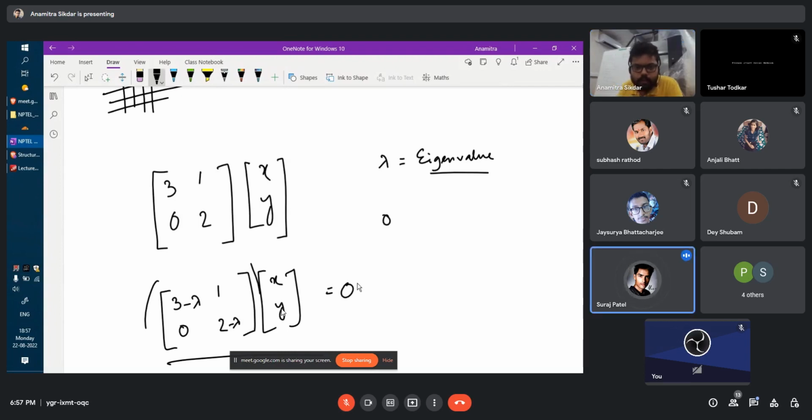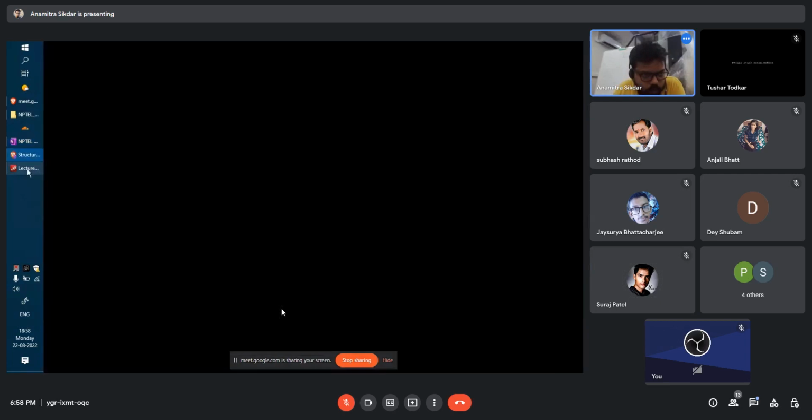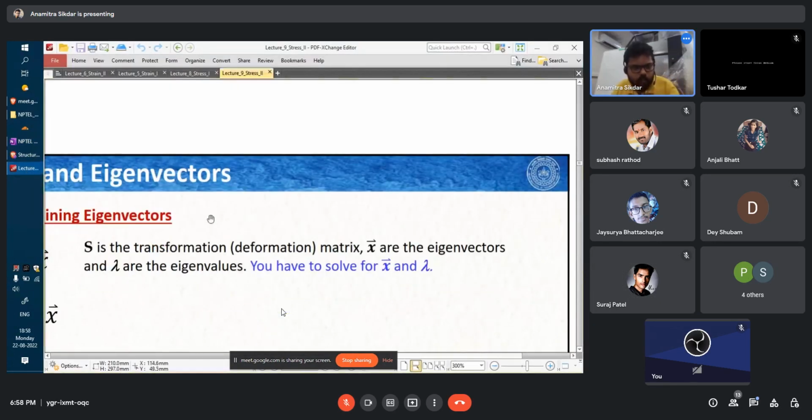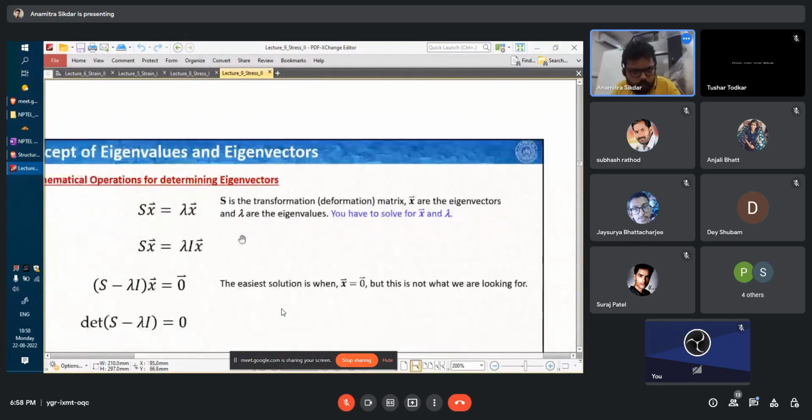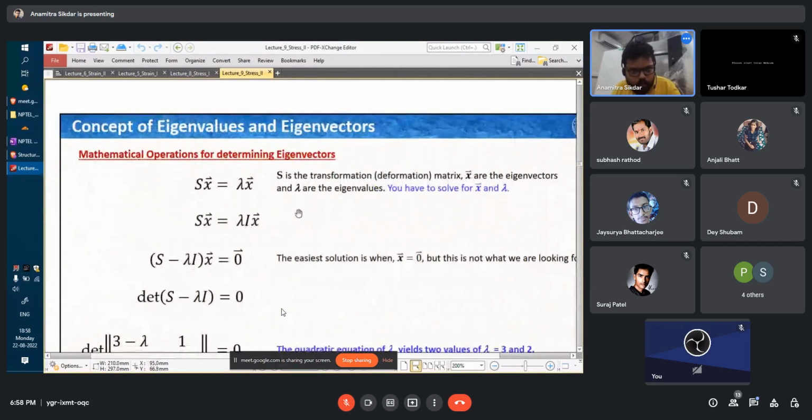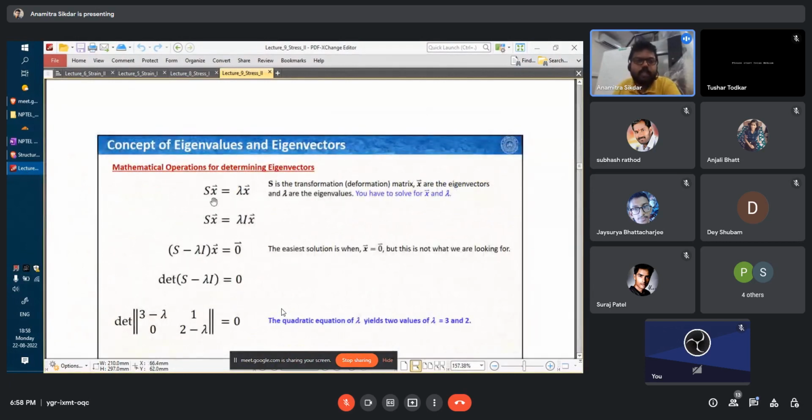Sir, I don't understand why we subtracted lambda from 3 and 2. So this is the new matrix, right?